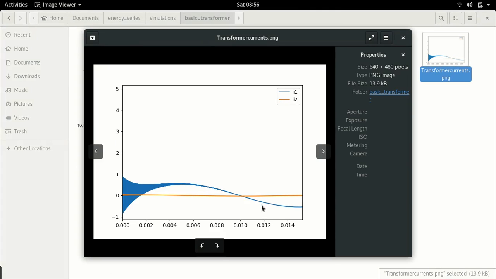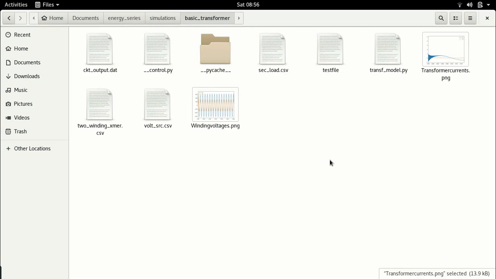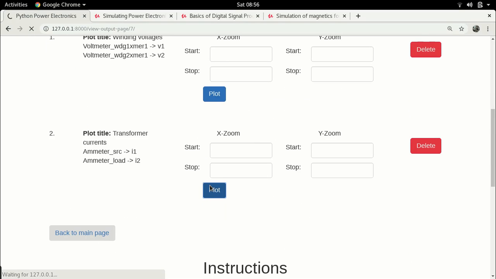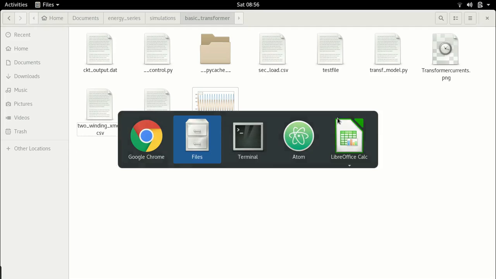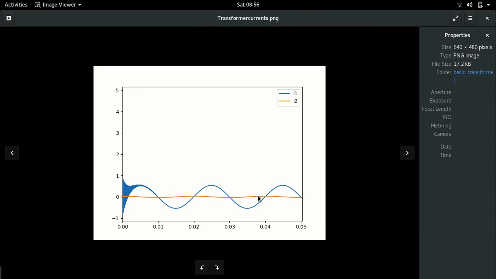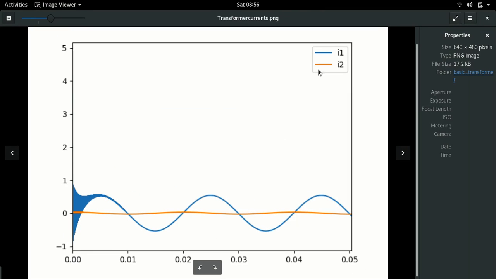Okay, so it is just starting. Maybe I should wait for a few seconds before plotting it again. So we have something. The blue line is the primary current, the orange line is the secondary current, and you see that the secondary current is almost 0, and that is expected.